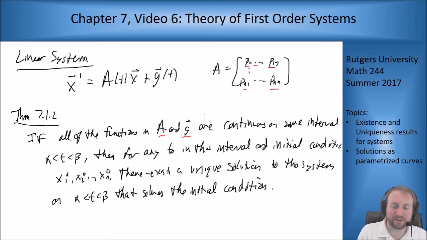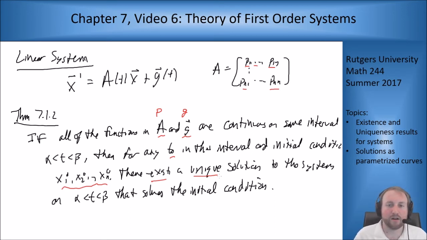If all of those are continuous, similar to if P and G are continuous in the case of the first order equations, then for any t naught, so any starting point, and any initial condition numbers, there exists a unique solution that meets the conditions, and the solution extends all the way from alpha to beta, where alpha to beta is the interval where everything's continuous.